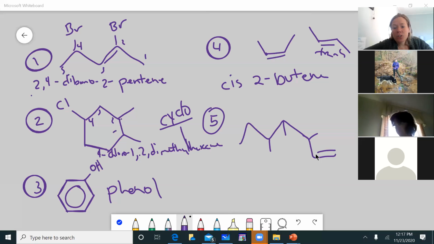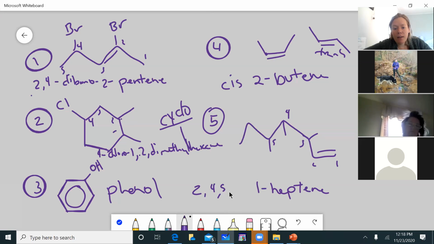Last one here, 1, 2, 3, 4, 5, 6, 7. So that's hept. And there is a double bond, so E-N-E. The double bond is on the first carbon, so 1-heptene. And then we've got a bunch of methyls. So this is 1, 2, 3, 4, 5. We've got 2, 4, 5 dash trimethyl, methyl dash.